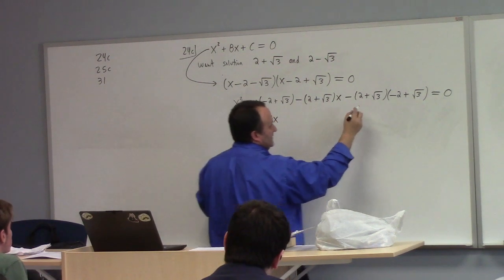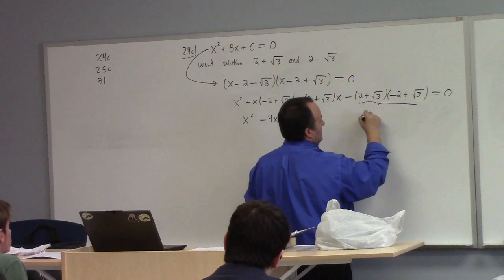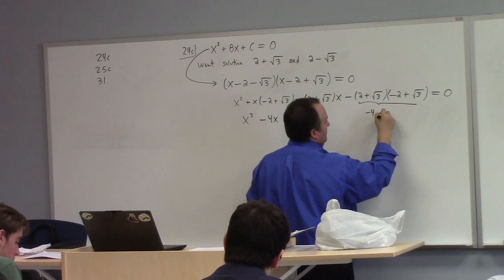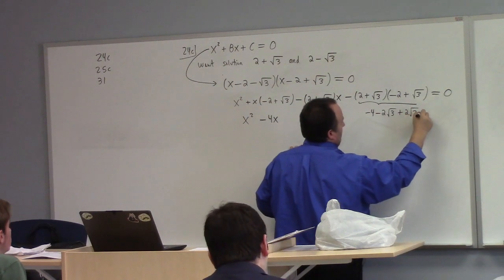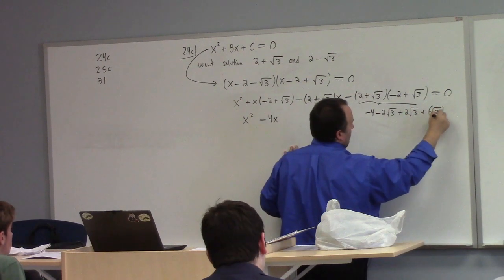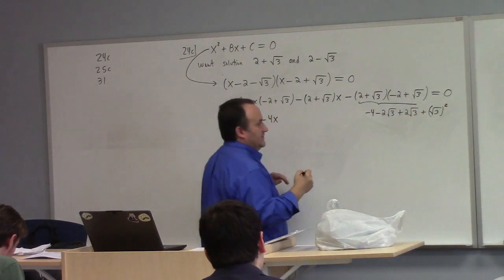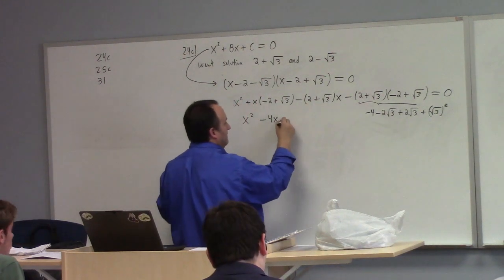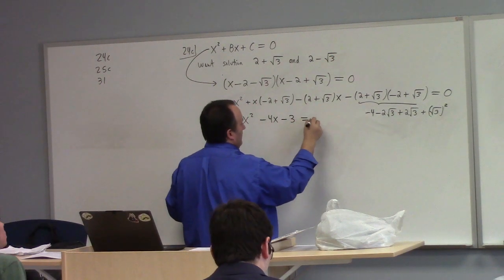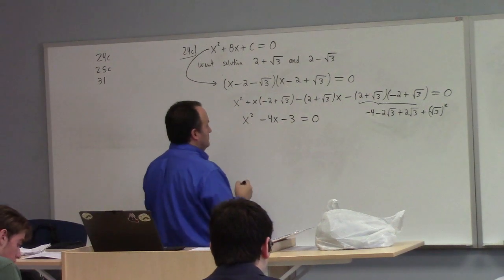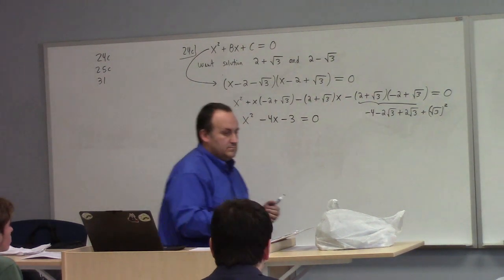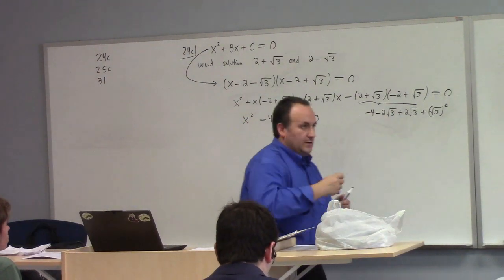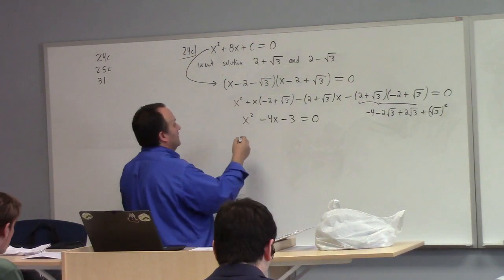And when we multiply this, how does this multiply out? This multiplies out to give me minus 4, minus 2 root 3, plus 2 root 3, plus the square root of 3 squared, also known as minus 3. So I guess that's it. Let me check my answer right quick.